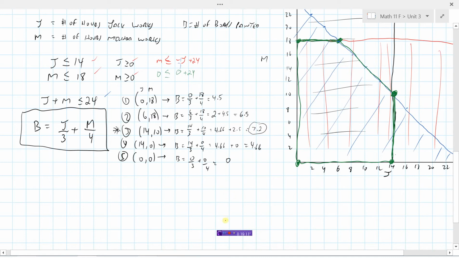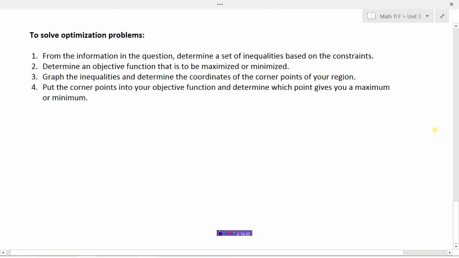So let's summarize how we would use linear inequalities to solve optimization problems. From the information given in the question, we're going to determine a set of inequalities based on the constraints. Then we're also going to come up with an objective function that we want to be maximized or minimized.